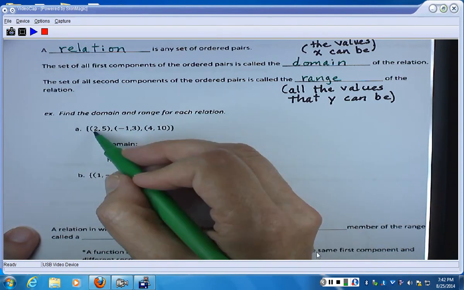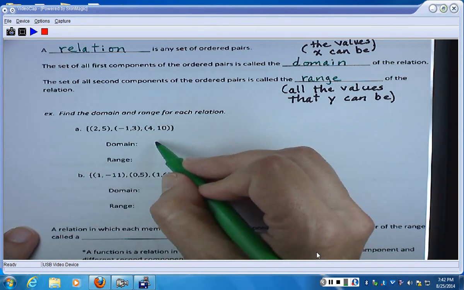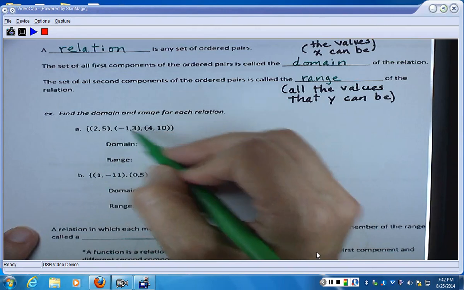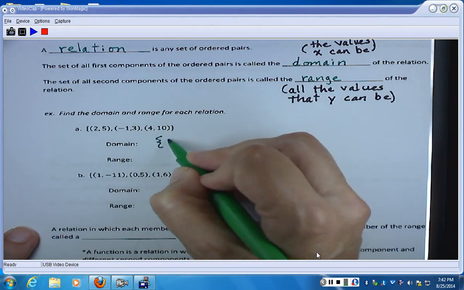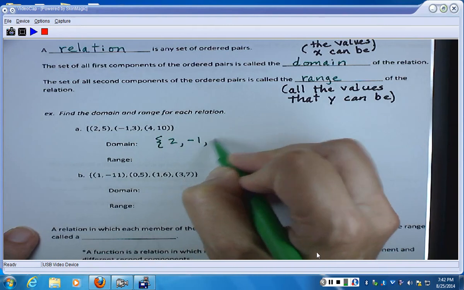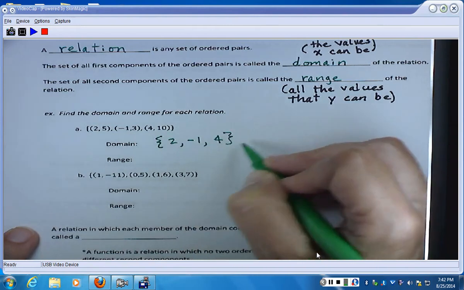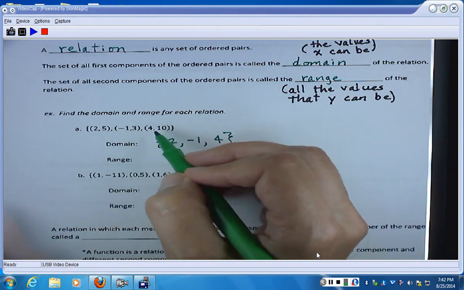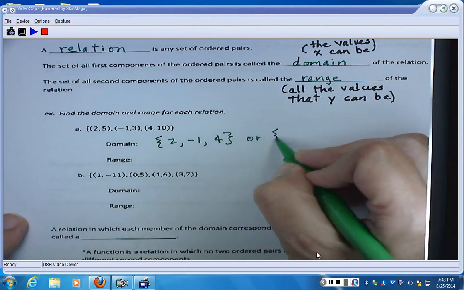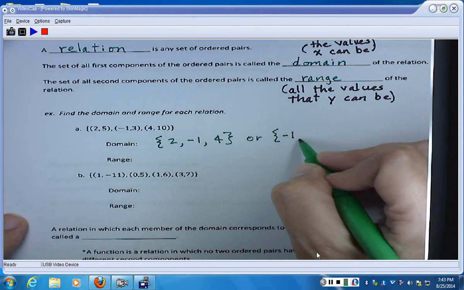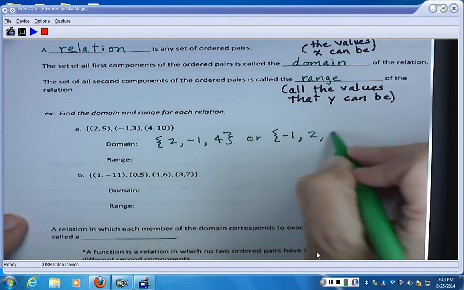Well, x can be 2, -1, or 4. That's the order it was written in, but maybe I wrote it in ascending order: -1, 2, 4.